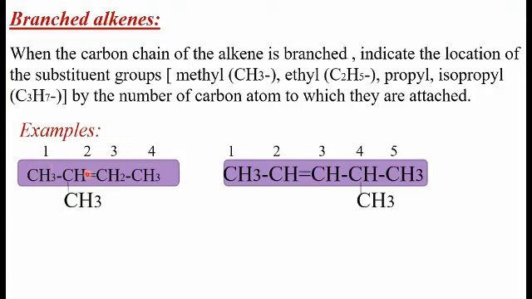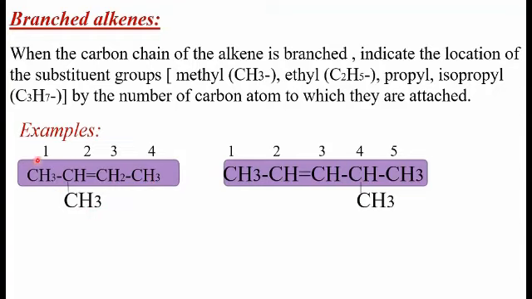Second, I want to begin numbering nearer to the double covalent bond. The double covalent bond is in the middle of the chain, but here I have a methyl group. So I want to begin numbering nearer to the double covalent bond and nearer to the methyl group. I cannot begin numbering from here because the methyl would be on the third carbon atom.